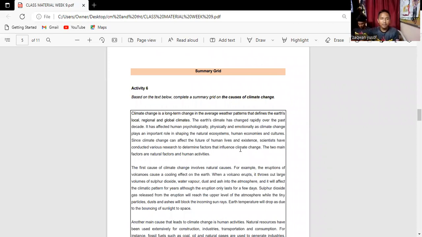Okay. Activity 5. Based on the text below, complete a summary grid on the cause of climate change. Climate change is a long-term change in the average weather patterns that defines the Earth's local, regional, and global climates.